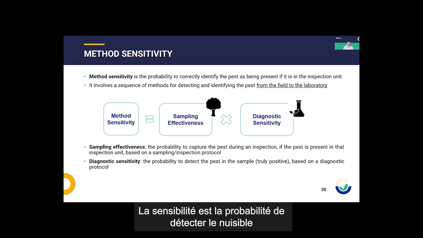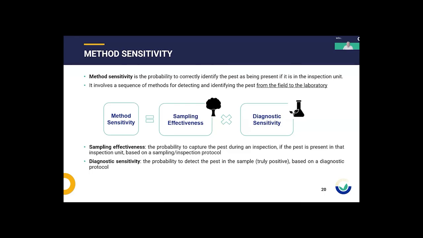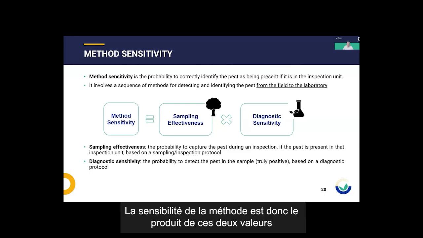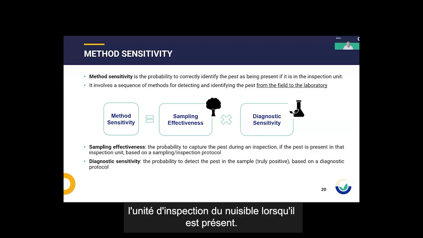Diagnostic sensitivity is the probability to detect the pest in the sample, given that the laboratory sample is truly positive. Therefore, the method sensitivity is the multiplication of these two values and is defined as the probability to correctly capture and identify the pest in the inspection unit when it is present.